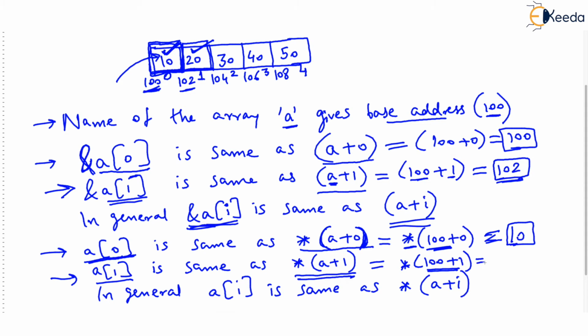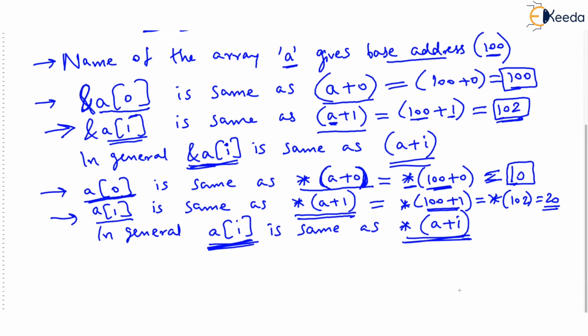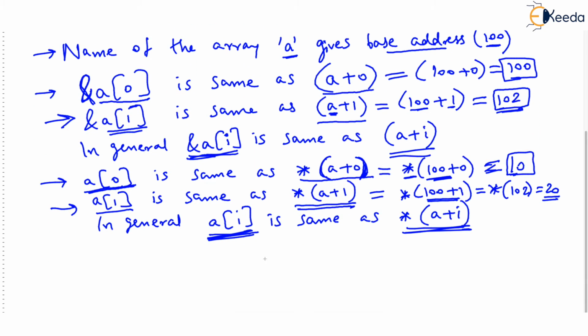So this is same as the value at address 102, which is 20. So indeed, in general, if you ask what is the value of AI, it is same as asterisk of A plus I. One more word here. Have patience before we go to 2D array. In C language, whenever you write any variable followed by square bracket followed by some subscript, such a notation is actually taken by the C compiler as asterisk of Z plus I.